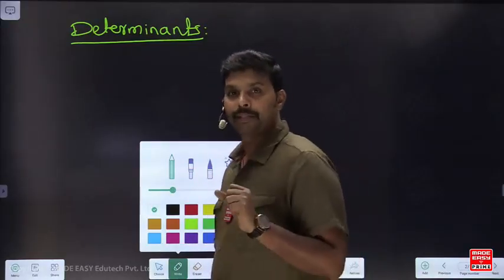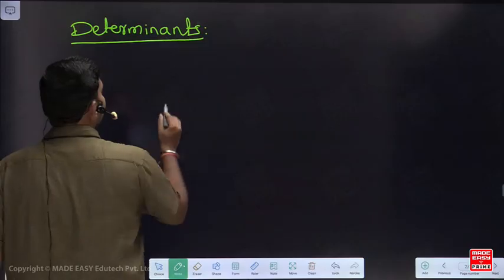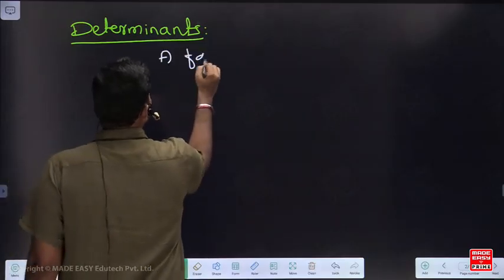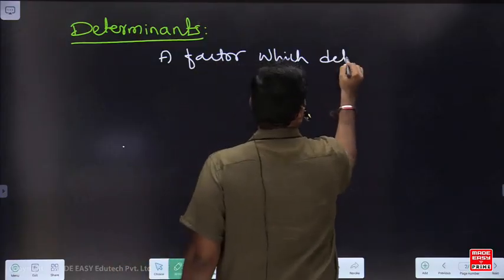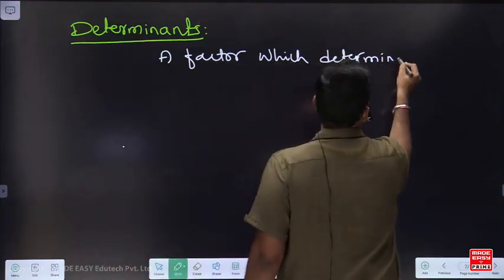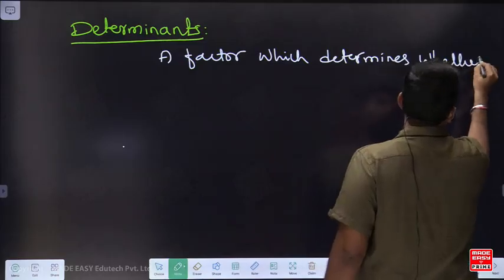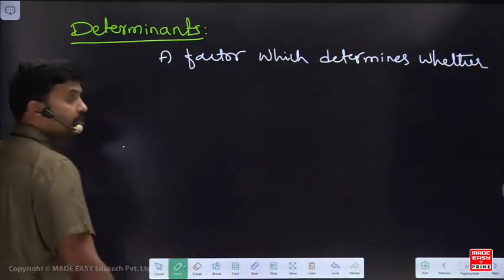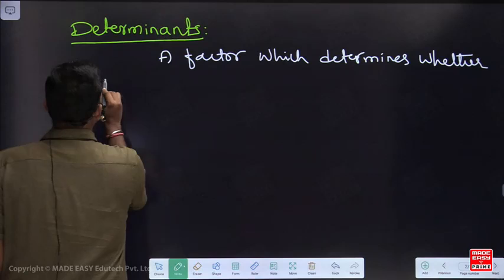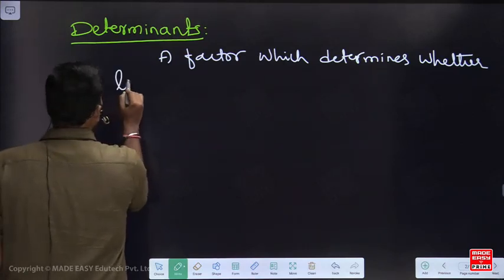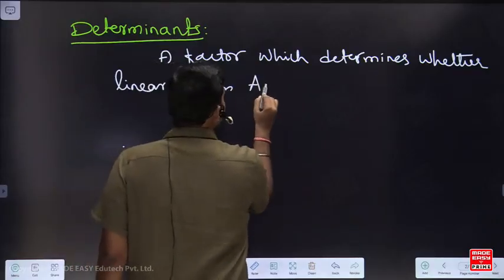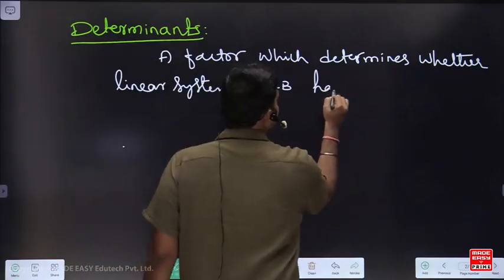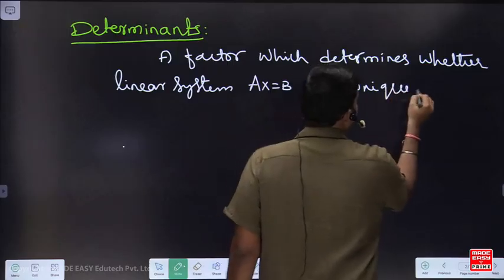So a determinant is nothing but a factor which determines whether the linear system Ax is equal to B has a unique solution or not.